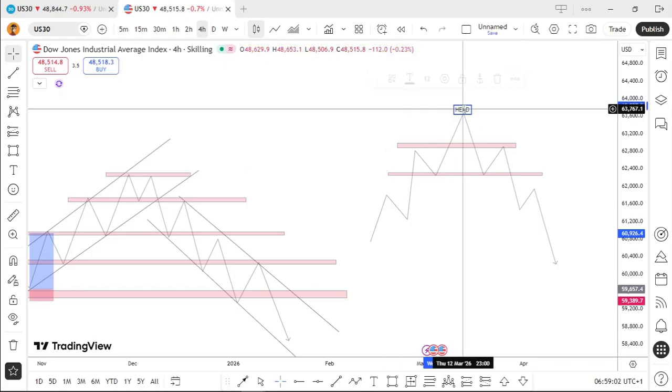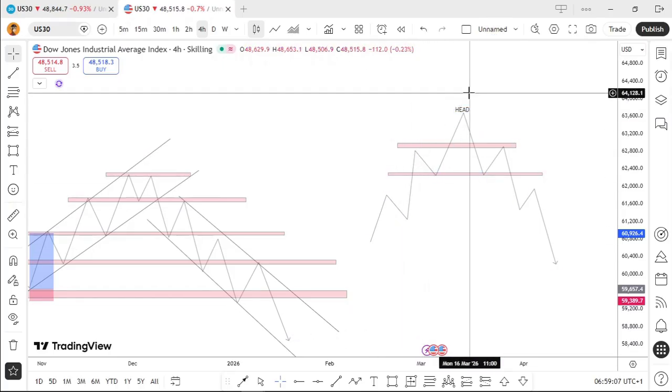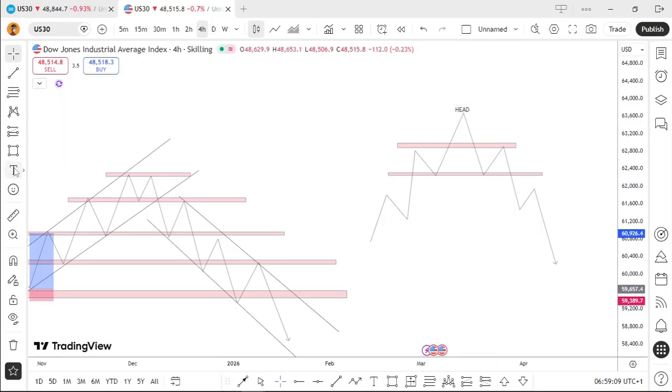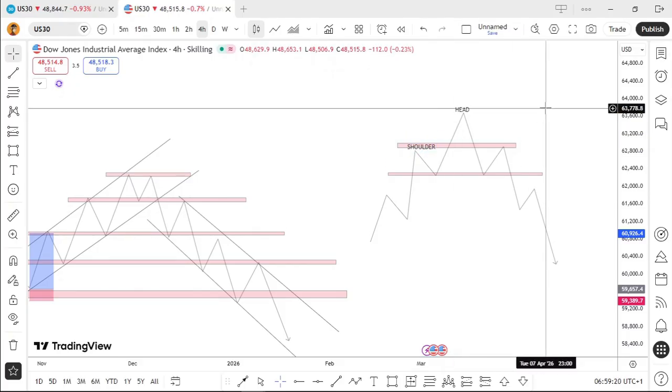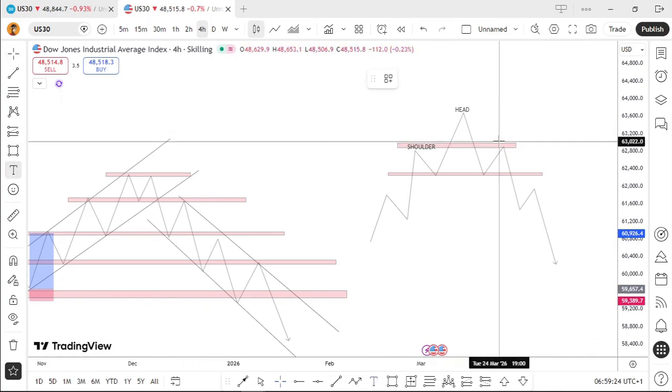This is the head. And these are the shoulders, the right shoulder and the left shoulder. We have the two shoulders.